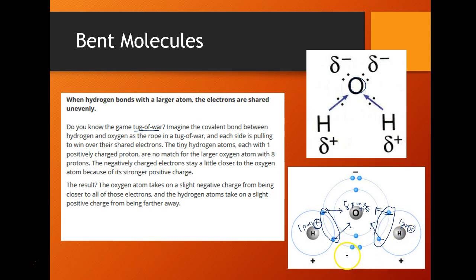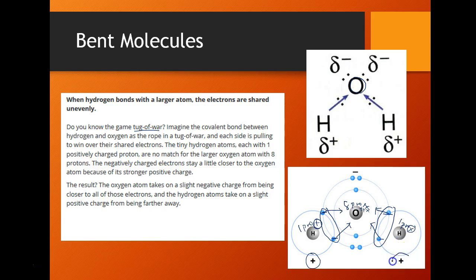Because these electrons are getting pulled away from the hydrogen atoms, the hydrogen in the water molecule ends up being slightly positive, because the electron is being pulled away from the atom.